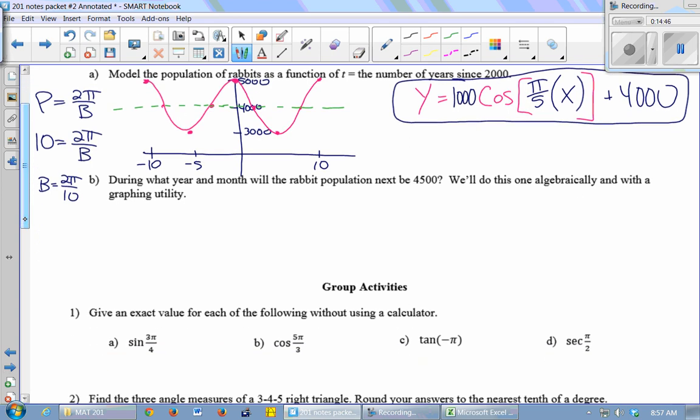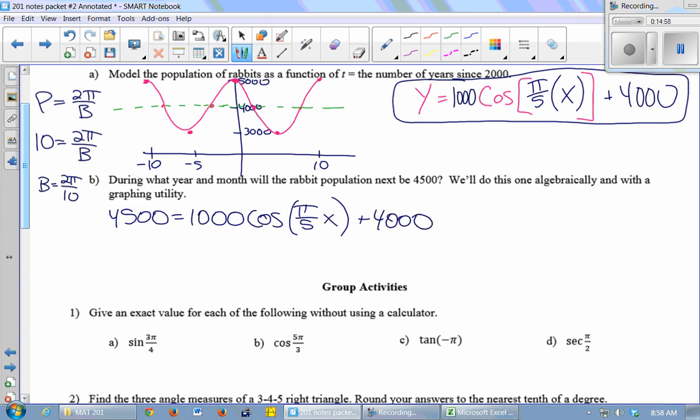So I just want to solve this equation, 4,500 equals 1,000 times the cosine of pi over 5 x, plus 4,000. I just heard a bunch of calculators being opened, which is great. We're going to solve it with the calculator, but first I'm going to do it algebraically. So when you're solving a trig equation, first goal is to what?